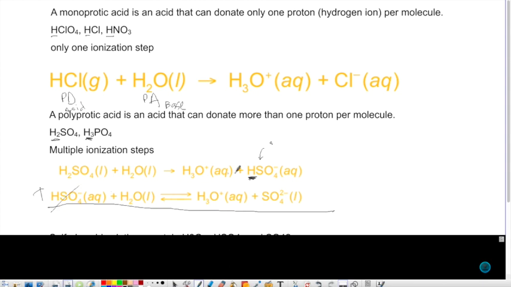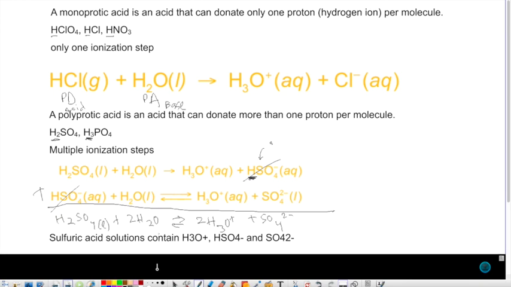HSO4 minus would be an intermediate, and I'd get H2SO4 liquid plus 2H2O yields 2H3O plus and SO4 2 minus. So you have to be aware that with polyprotic acids, you could either write out the ionization steps individually, or write it as an overall equation.